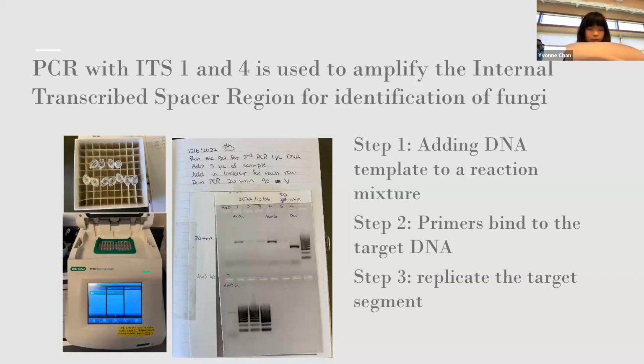The primers are designed to specifically target a segment of DNA. The polymerase then replicates the DNA segment in a process of heating and cooling cycles, resulting in millions of copies of DNA for the same segment, which can then be used for DNA sequencing to identify the species or to obtain other genetic information.